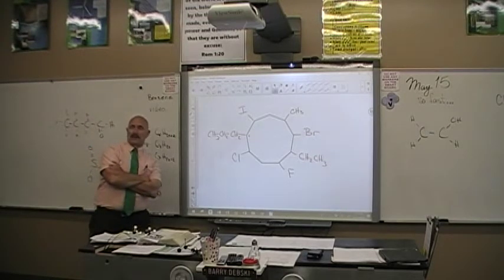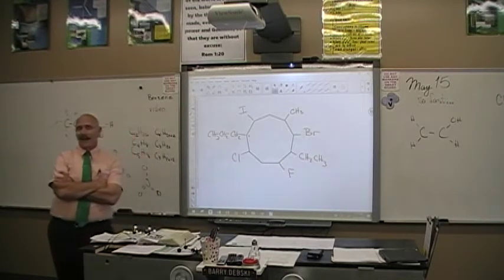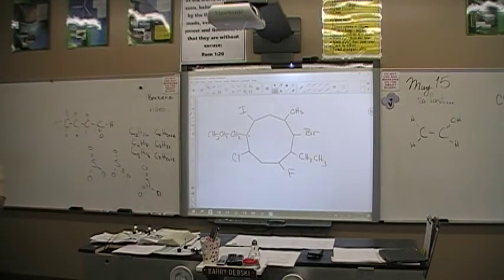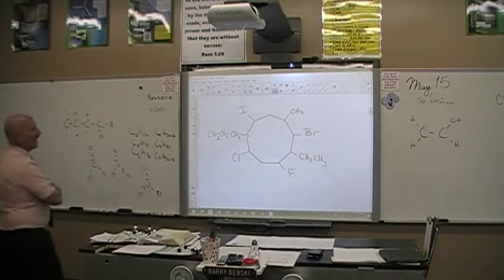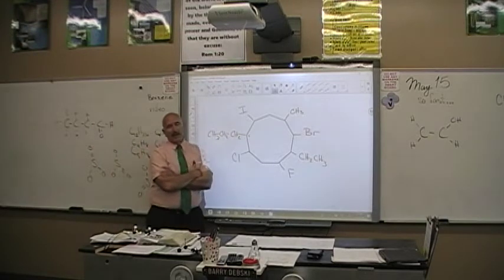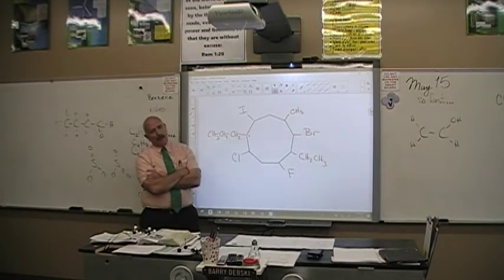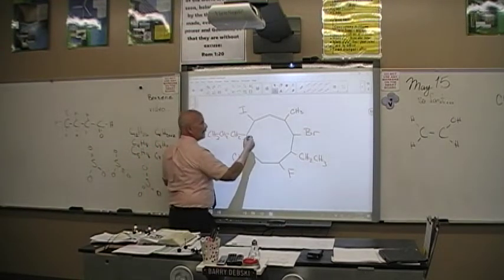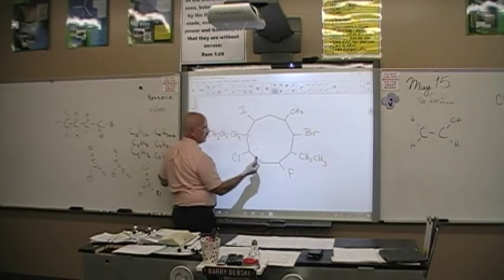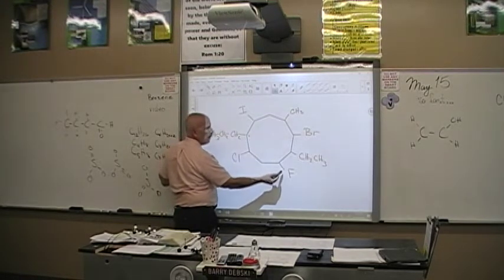If this ever showed up on a test, I have a lot of grace on this one. In other words, which way do we go? Do we still go clockwise or counterclockwise? If I go clockwise, it's 1, 2, 4. If I go counterclockwise, it's 1, 2, 4.